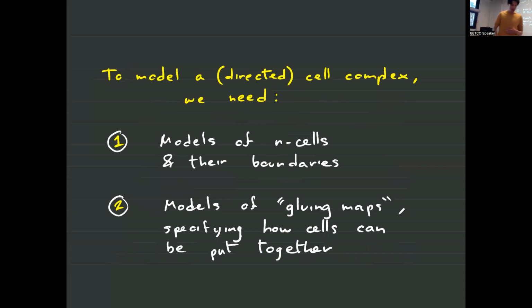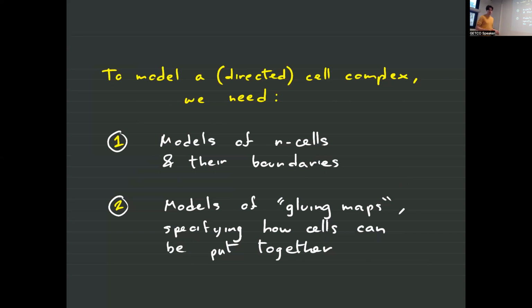So everything I've said so far has been very informal, and that's something I wanted to do, because the point is that exactly as with cell complexes in topology or combinatorial topology, we can have several models, several data structures which embody the idea of what a cell complex is.